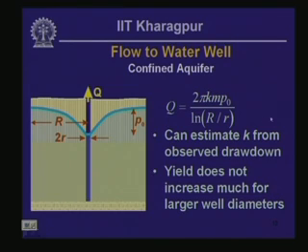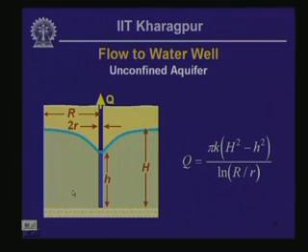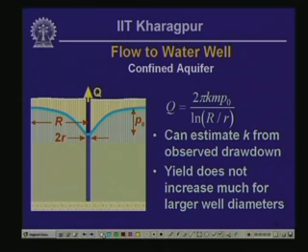You should use this particular expression to satisfy yourself that yield does not increase by much if you start using progressively larger well diameter. So it is relatively insensitive in fact to the diameter of the well.